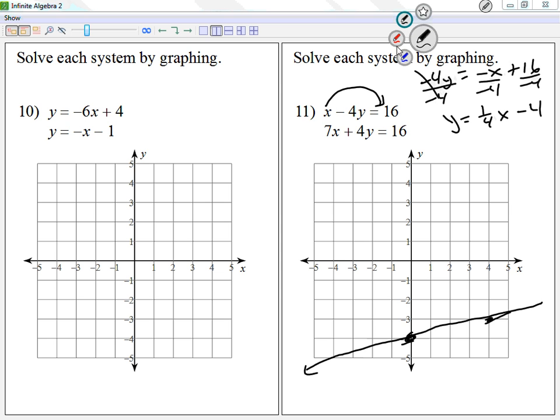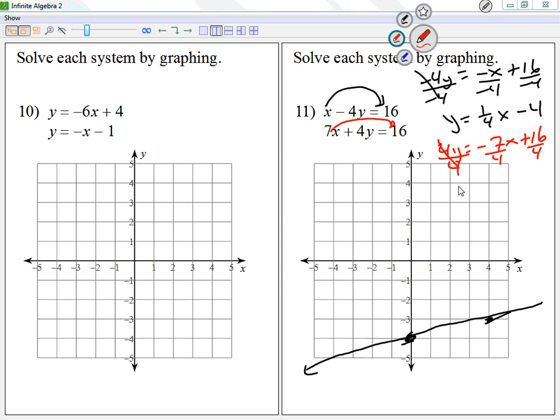Now on the second equation, the second line, let me move the 7x to the right. Remember, my goal is get the y by itself. So I have 4y is equal to negative 7x plus 16. Divide everything by 4.